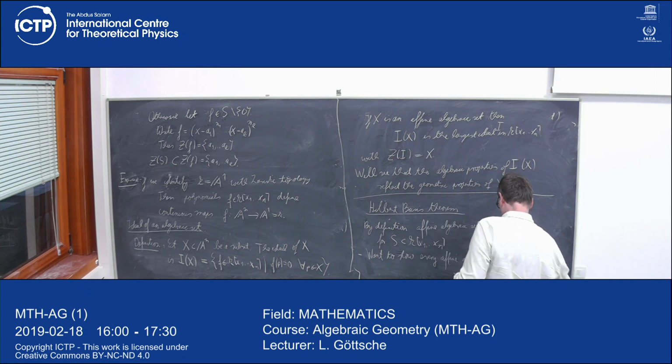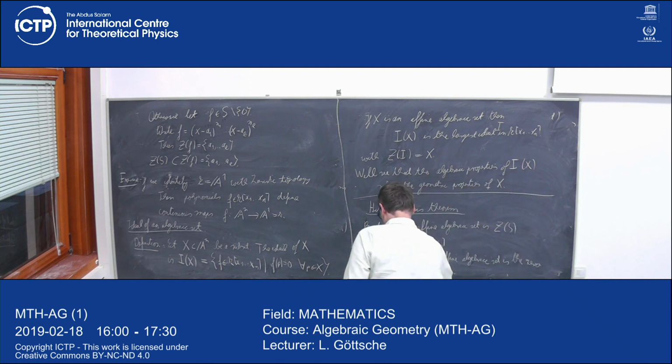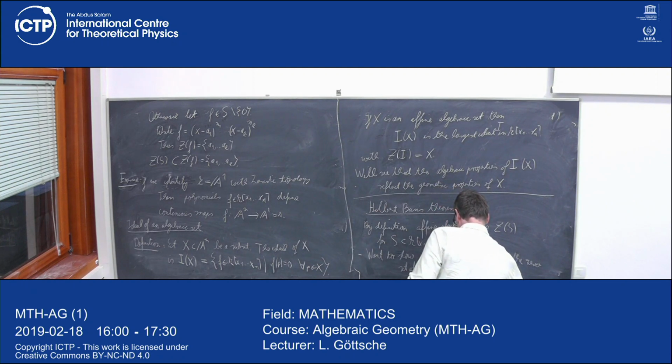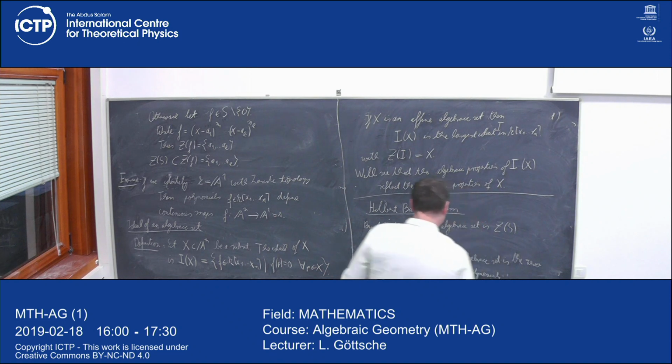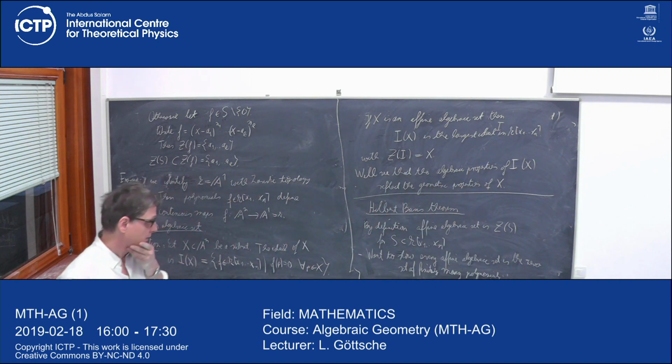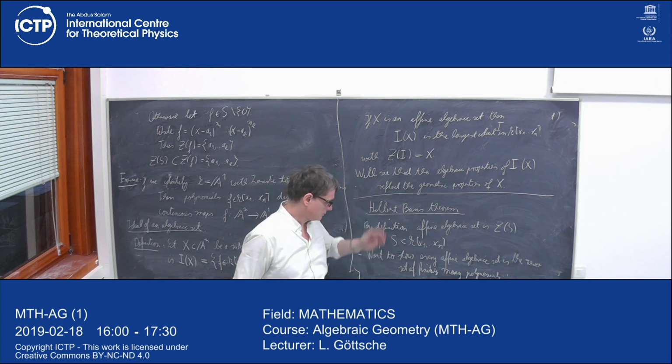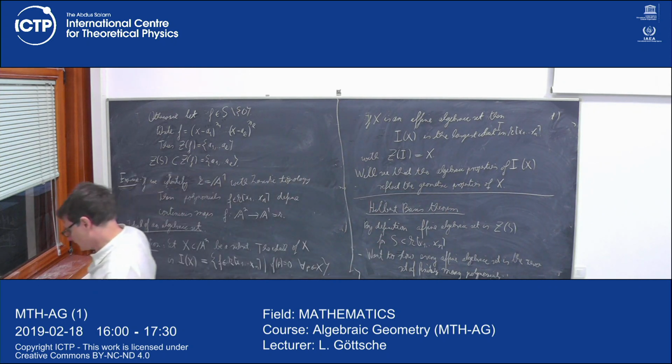This is the zero set of finitely many polynomials. Okay. So it's not such a huge infinite thing, but for each affine algebraic set we need only finitely many polynomials.